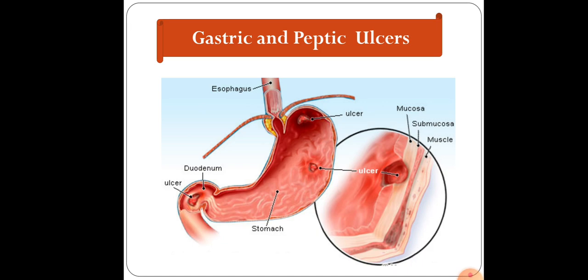It may perforate the wall of the duodenum and also penetrate an artery. The most common artery to be penetrated here is the gastroduodenal artery, and this leads to peritonitis and bleeding.